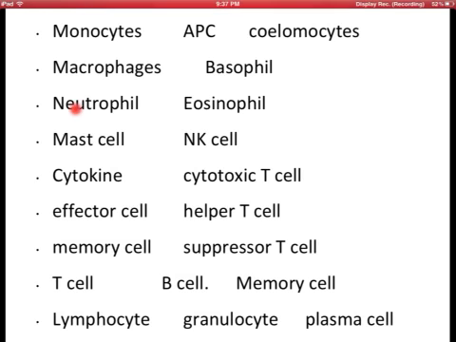Kapag napatay na nila yung infection, sasabog sila, and ang function ng macrophage is to clean up after the neutrophil has died. A mast cell, this is the one responsible do sa mga allergic reaction nyo, kung bakit kayo nagkaka-inflammation. This is an example of a granulocyte. May granule sa cell membrane niya.